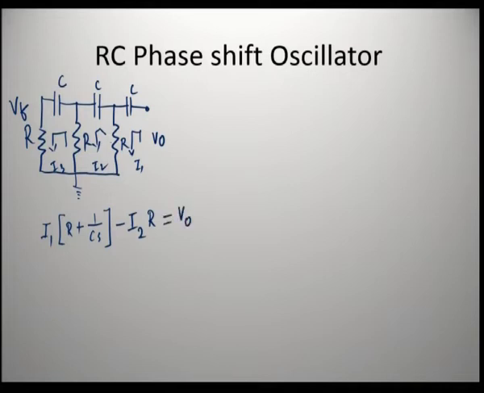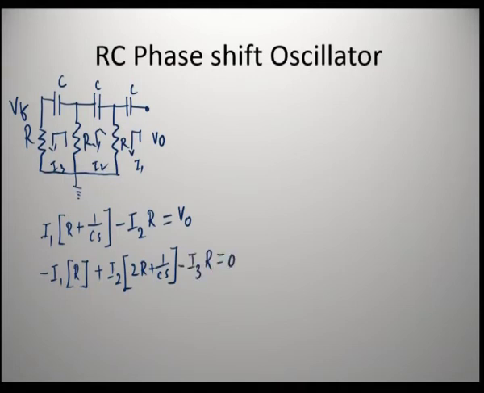In the middle loop R C R, the current flowing through this resistance R is I1, so you have to subtract I1 through this resistance R, and I2 is flowing through these two resistors and this capacitor, so I2 into 2R plus 1 by Cs. Through this resistance, I3 is also flowing, so subtract I3 through the resistance R, and that is equal to 0.